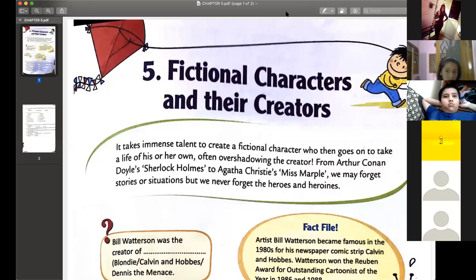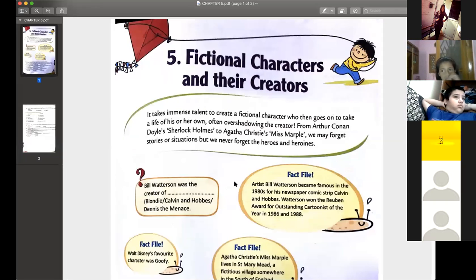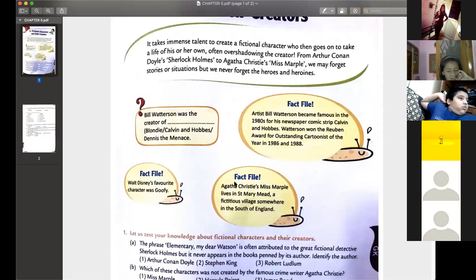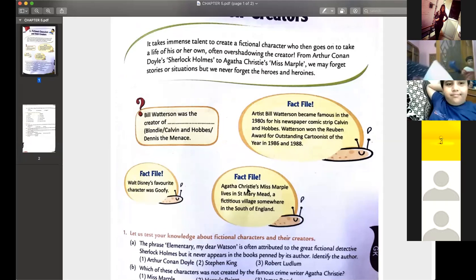Let's see chapter number 5. Artist Bill Watterson became famous in the 1980s for his newspaper comic strip Calvin and Hobbes. Watterson won the Tribune Award for Outstanding Cartoonist of the Year in 1986 and 1988.